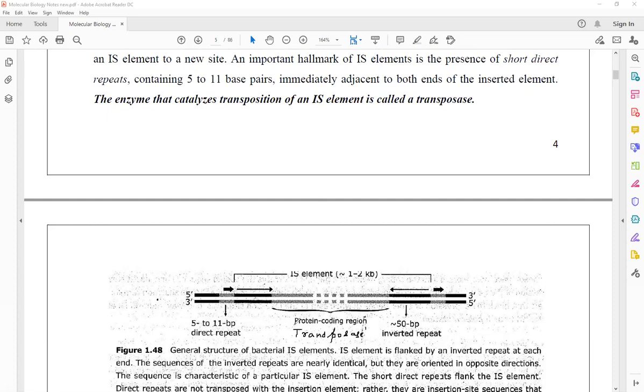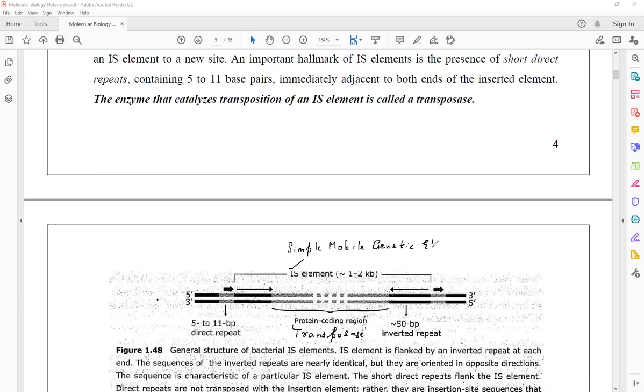We always know that if the mobile genetic element, or the transposon, encodes only for transposase, then it is referred to as a simple mobile genetic element. When it encodes only a single transposase, it is called a simple mobile genetic element.